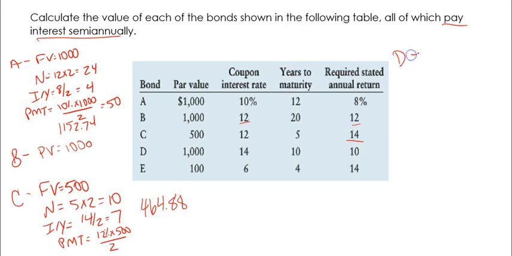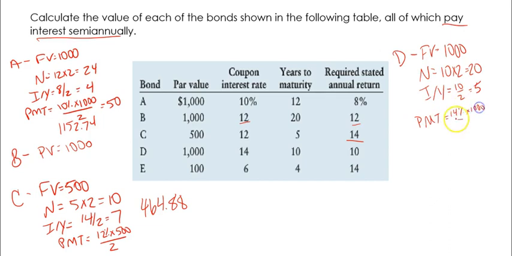Okay, D. D has a face value of $1,000. It has 10 years till maturity, so 20 periods. Required return of 10%, so we look at the periodic rate of 5. And the payment is equal to the 14% times 1,000 divided by 2. So that's $70.